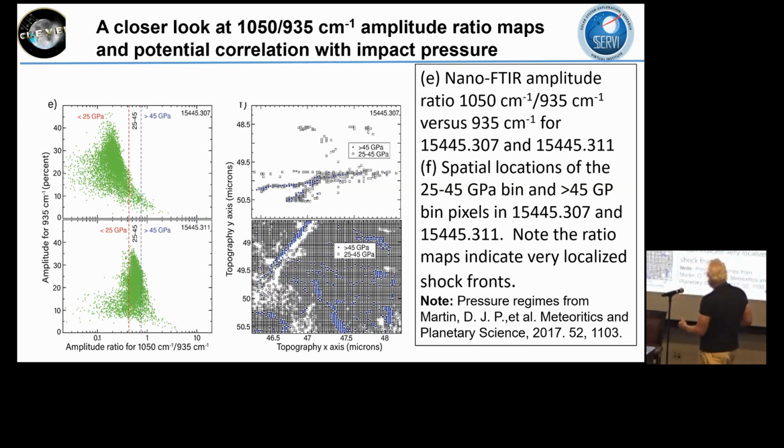So this is on a micron scale, less than a micron. So you have these 100 nanometer scale zones of severe damage, right? And so we're interpreting this as very localized shock fronts or damage fronts that may be representative of different pressure zones that may have come from local impact events.